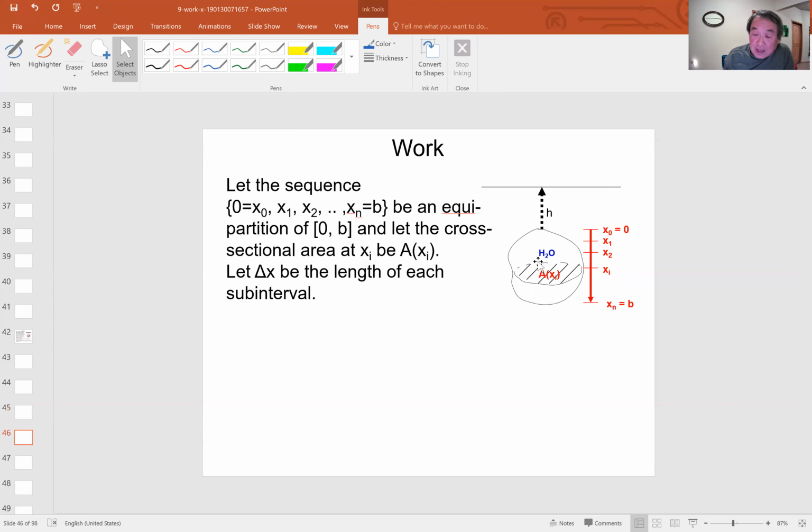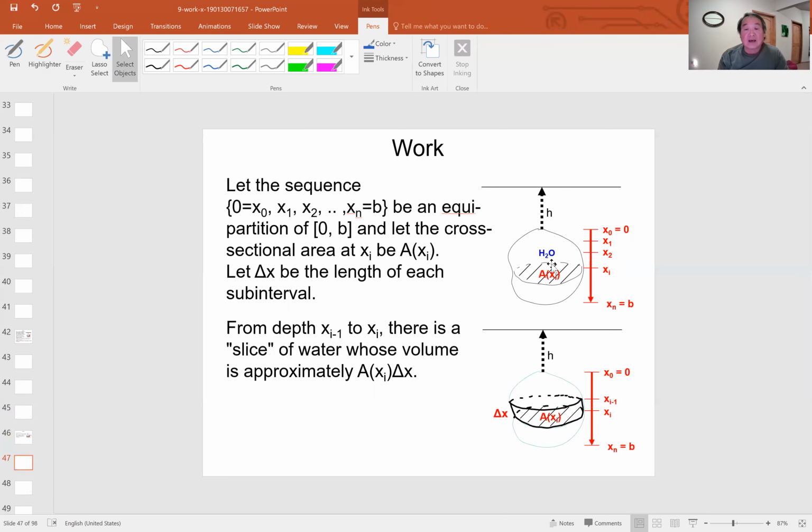I multiply that by delta x, the distance between the layers. The layers of water each have thickness delta x. At the x_i level, with cross-sectional area A of x_i times delta x, that will be a slab of water sitting right below the x_i level.